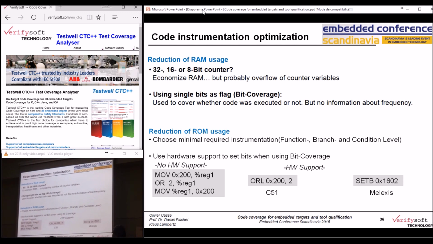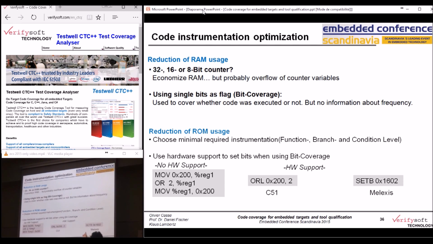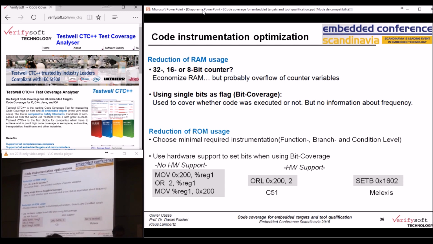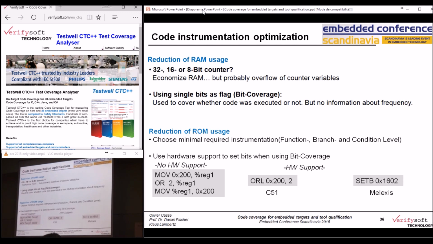Also, we are able to provide very specific hardware support optimization at the instruction set level in order to minimize the memory which is used at the ROM level, for instance, here.